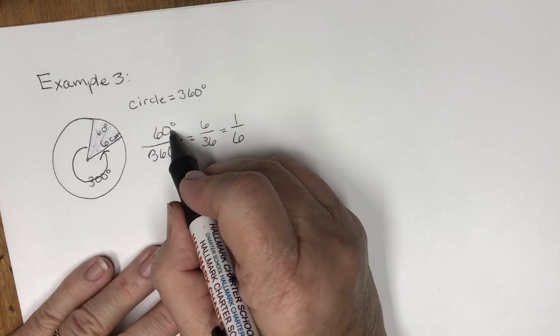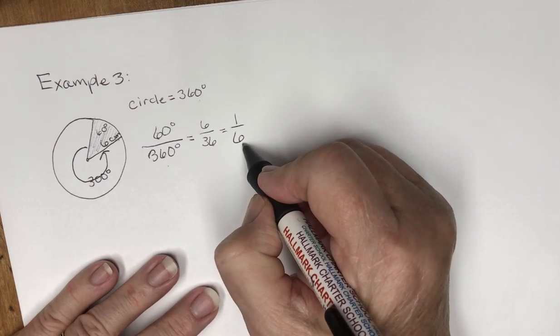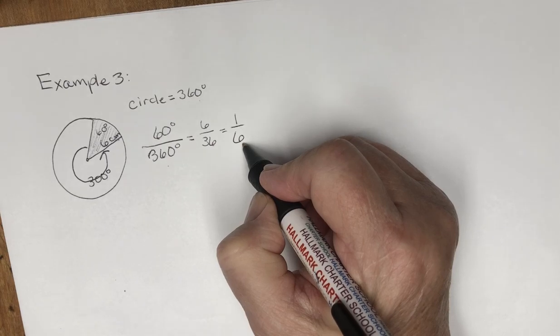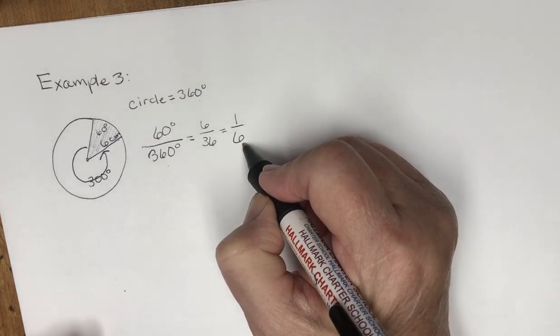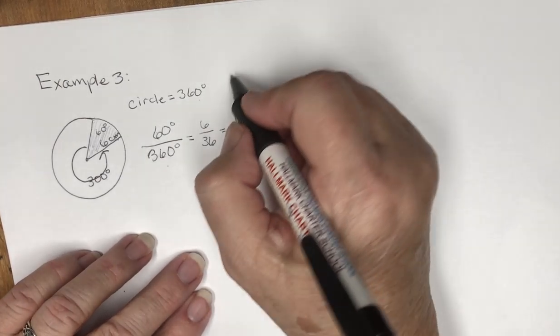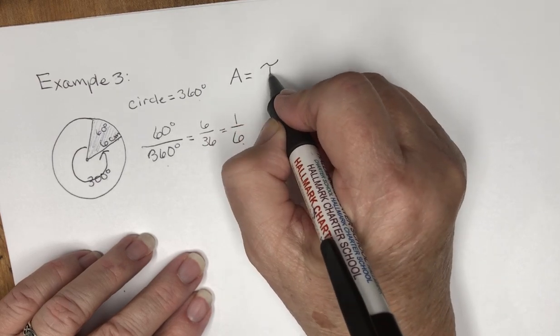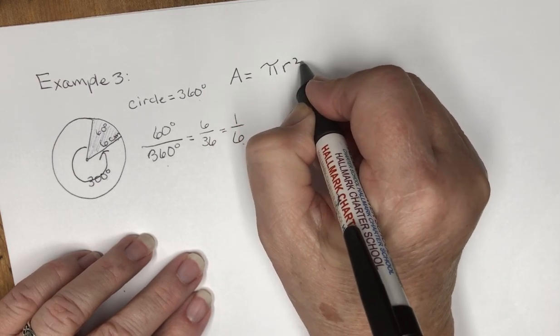So 60 over 360 boils down to 1/6. So that's the beginning. Now we have to figure out, did they want the area? What is the area? Well, area of a circle equals pi r squared.